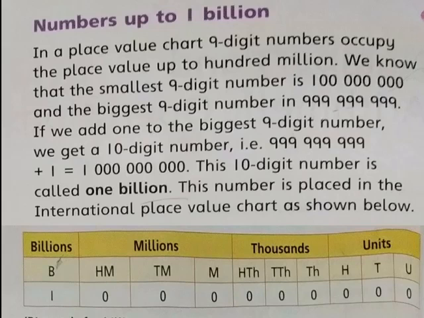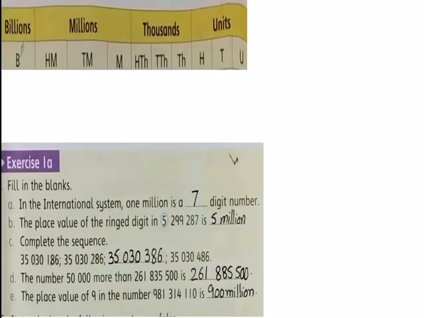Now open your book, page number 3 and exercise number 1A. Question number 1. Fill in the blanks. Part A is, in the international system, 1 million is a 7-digit number. Students, with the help of the place value chart, we will learn how many digits are in 1 million.